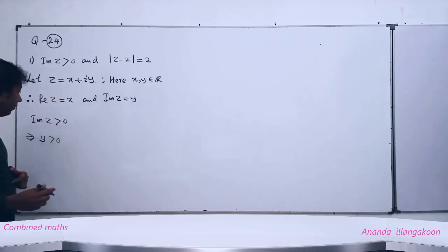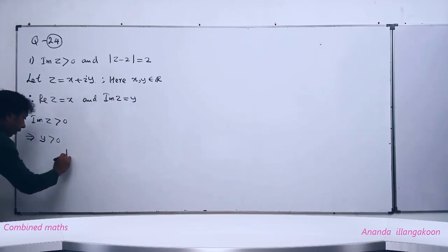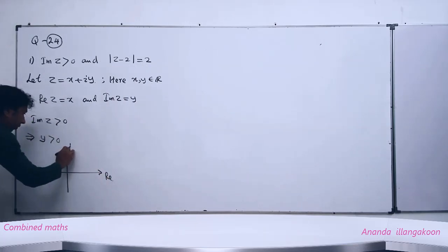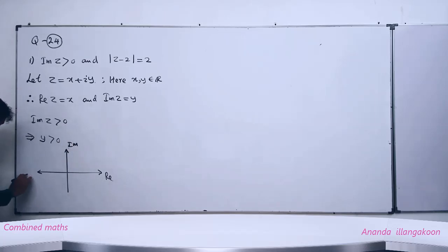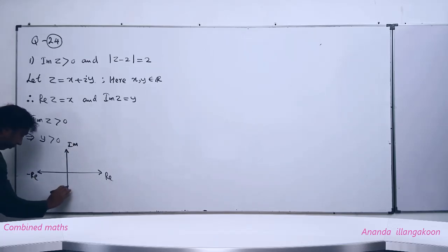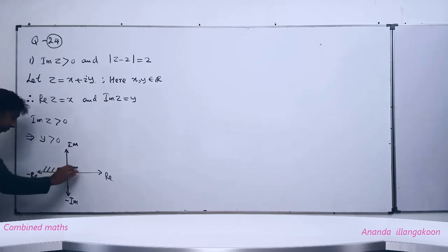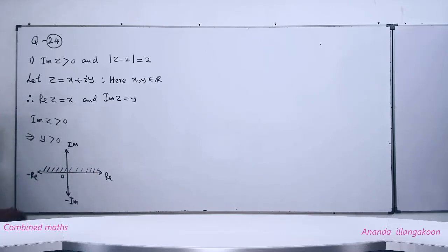If this is the Argand plane, with the real axis and this the imaginary axis, the imaginary axis is nothing but our y axis. Then y positive means the region above the real axis.